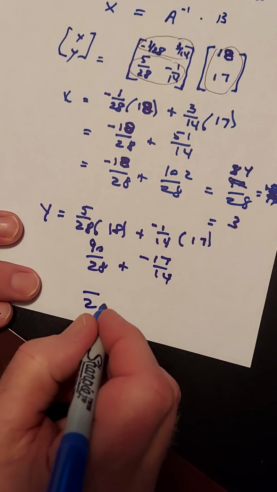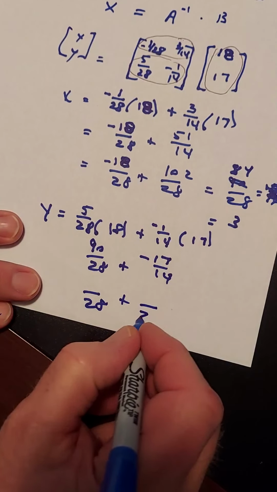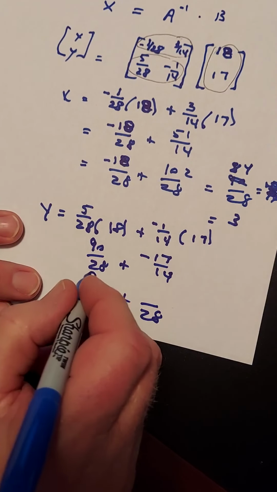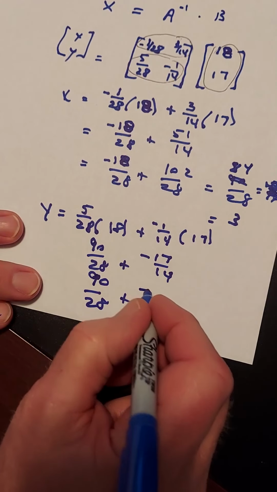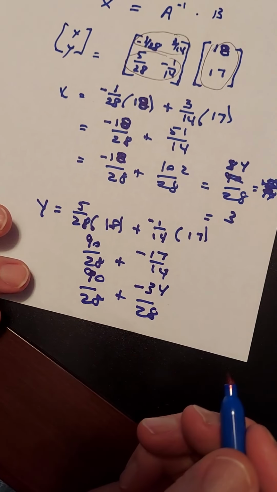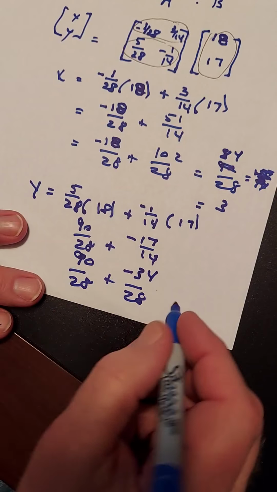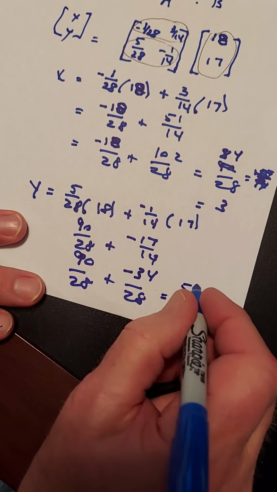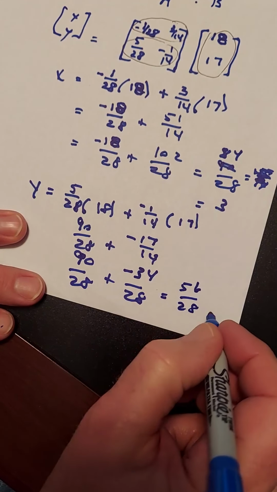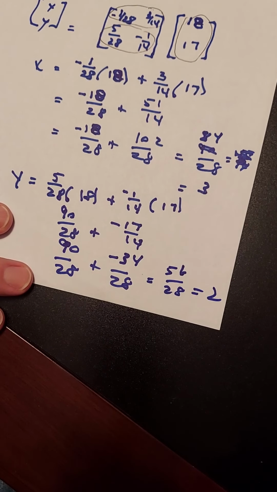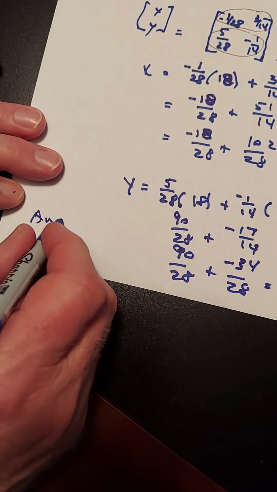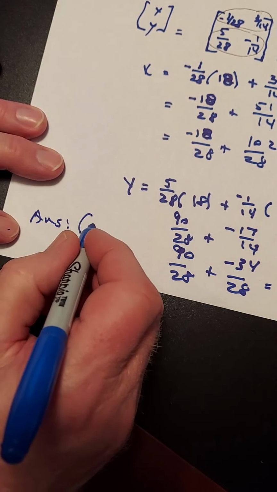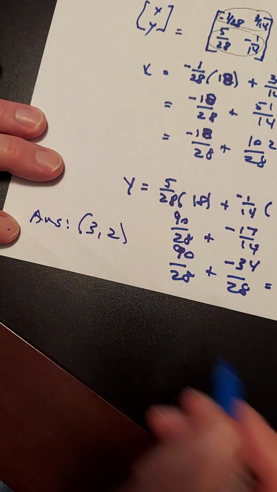Common denominator, let's call it 28. So I'm going to have 90. And over here, I'm going to double it. It becomes minus 34. So 90 minus 34 is 56 over 28. And that's going to be 2. So my answer is the point 3, 2.